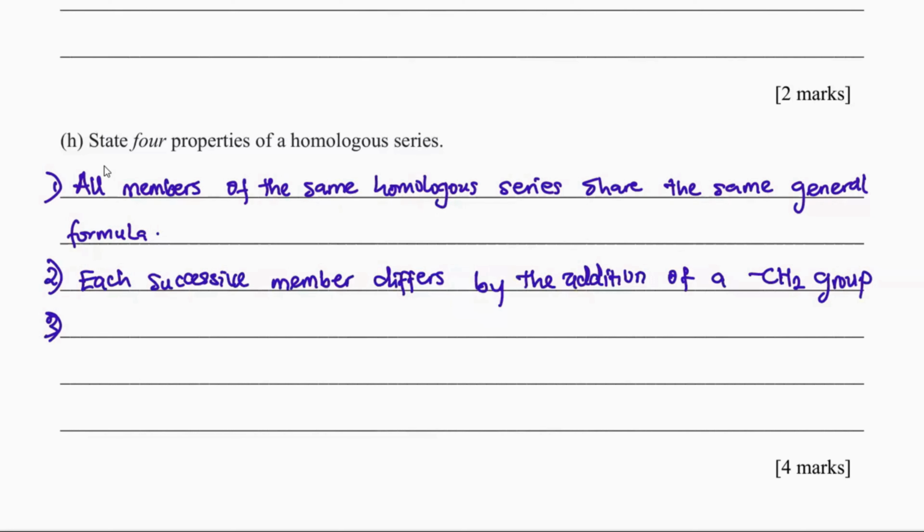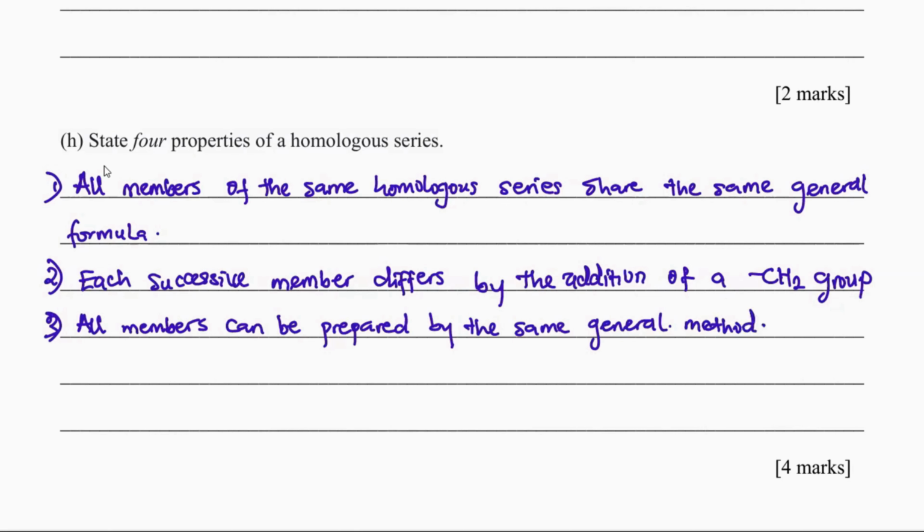Okay, now the third one is all members can be prepared by the same general method. Okay, that's because they have the same functional group. So it means that they can be prepared by the same general method.